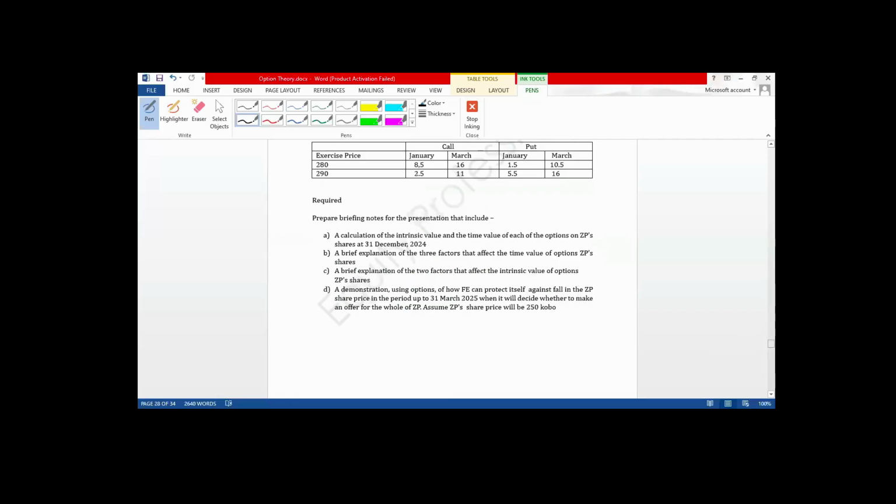Requirement B: a brief explanation of the three factors that can affect time value. What are the factors that can affect time value?